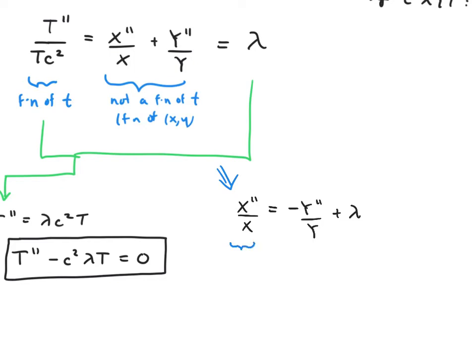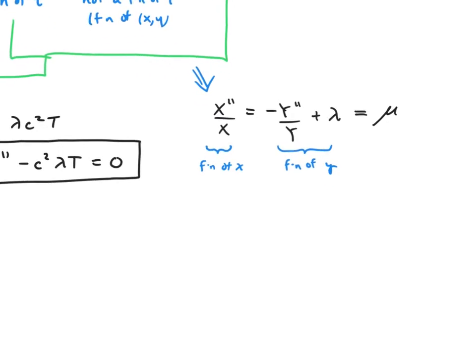This part is a function of little x. This part, there's a constant in there, but it's at most a function of little y. And so similarly, these two must be equal to, at most, some separation constant. I've already used lambda, so I'm going to introduce a new separation constant, mu. So let's give that a name. It's a separation constant.